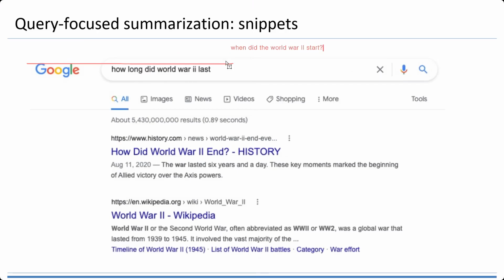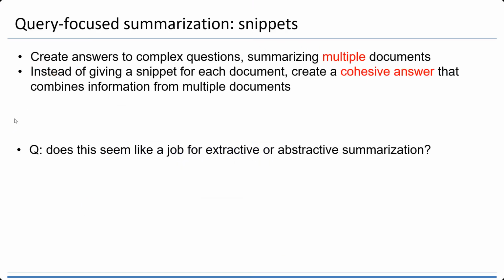And then you will again ask, who started World War II, and so on. So it's a kind of chat. It is also possible with this kind of complex question. So that's the meaning of complex question.